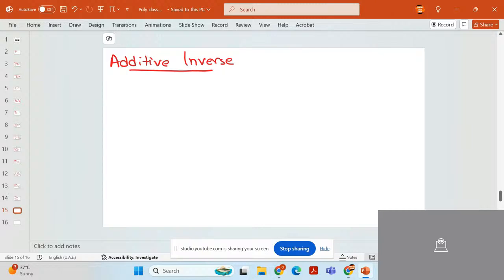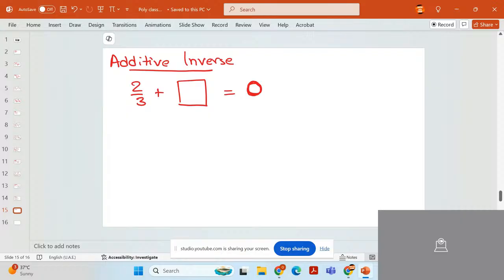So, what is additive inverse? Suppose for example 2/3, what should be added to 2/3 in order to get 0, in order to get additive identity? What is additive identity? 0, right? So what should be added to any rational number to get the answer 0?